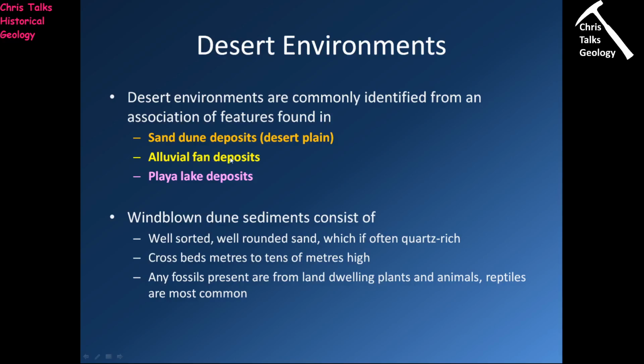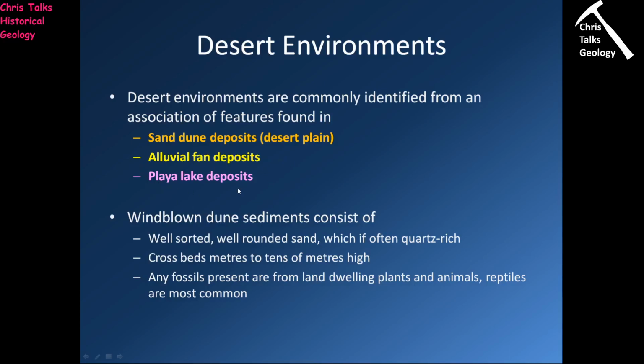And the hills and mountains are going to be the source of the sediment that's on the desert plain. Where you have these desert plains meeting these areas of high topography, you tend to get short-lived chaotic rivers, which will produce quite a poorly sorted, brecciated sediment, which is seen commonly as alluvial fan deposits.